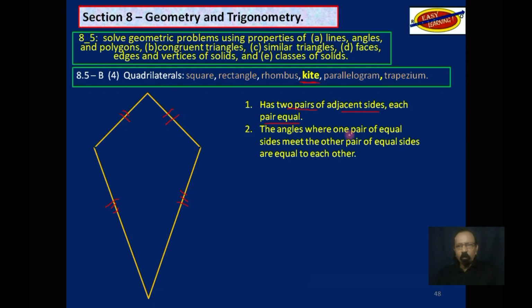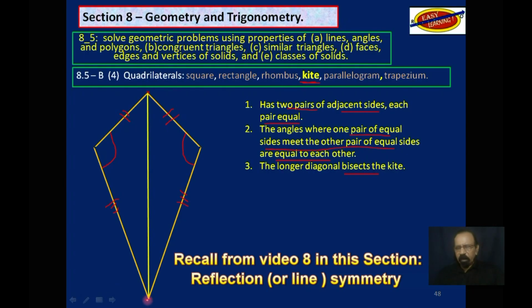The angles where one pair of equal sides meet the other pair of equal sides are equal to each other. So this angle here is equal to that angle there. The longer diagonal bisects the kite. So if we draw a diagonal from up there to down here, that diagonal bisects that kite into two equal parts.